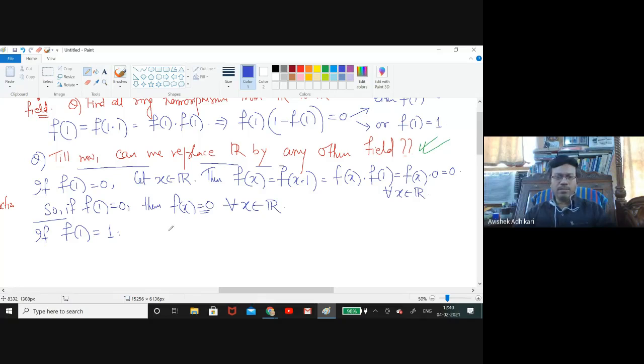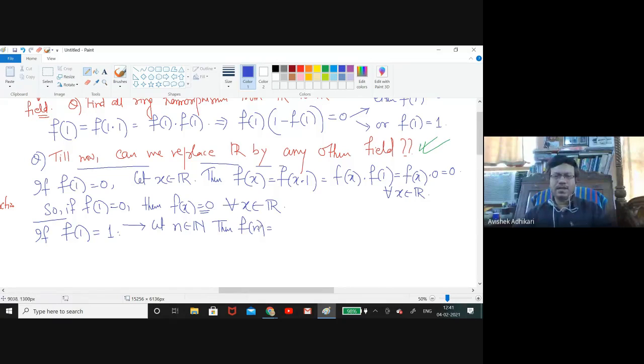Okay, so I break my whole argument into several steps. First, let n be a natural number. Since this is a homomorphism, 0 will always map to 0. That's fine. Now take all positive natural numbers, that means positive integers. Then what about f(n)?